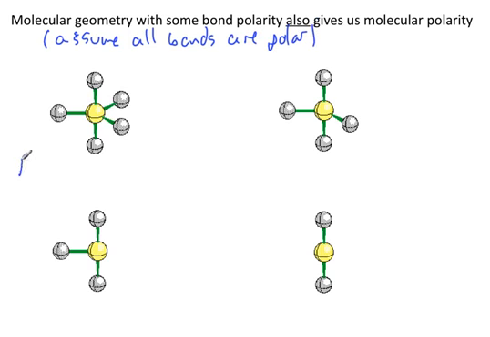And so if we look at this first molecule, AX5, trigonal bipyramidal, that's a non-polar molecule, even though all of the bonds are polar. And the reason for that is all of the bond dipoles get canceled out. Again, that's through vector analysis. We're not going to go through that, but you can kind of see it.